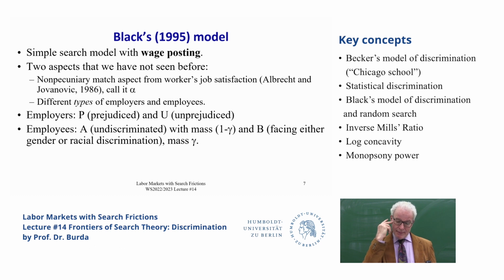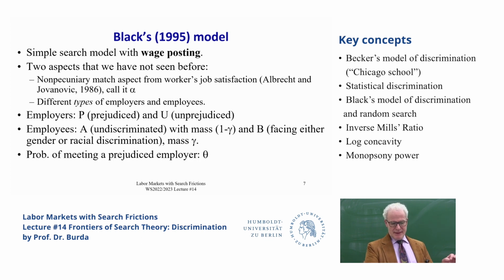So 1 minus gamma would be the mass of those workers who don't have the attribute that is getting discriminated against, and then gamma would be the discriminated race, religion, or gender. Okay, so that's how we're going to get going.